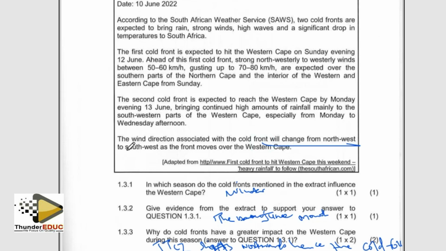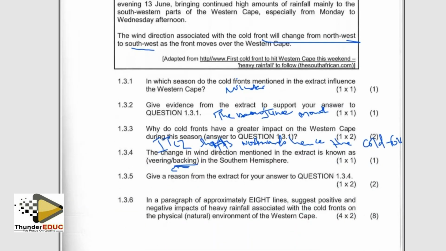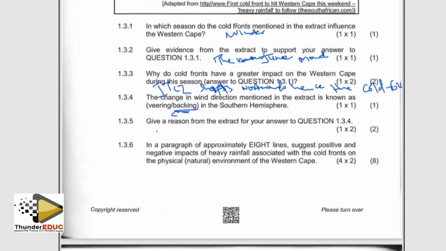Okay, the wind direction associated with the cold front will change from southwest to northwest, meaning that there is a change in direction. So that answers this question. That is the last paragraph.